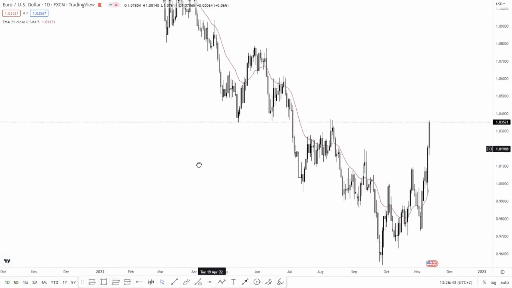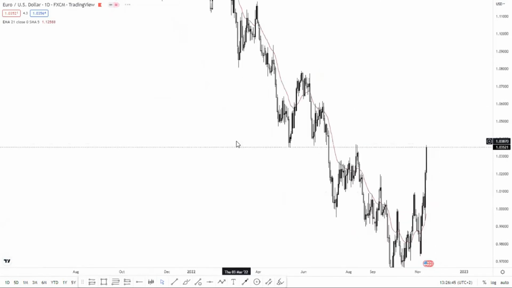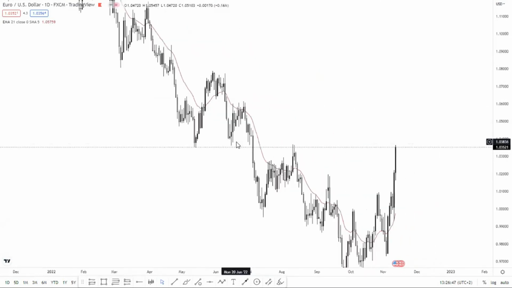It's just that EUR is Euro, then AUD is Australian. But when looking at the structure, you can tell that these pairs move in a similar way. They have a positive correlation.